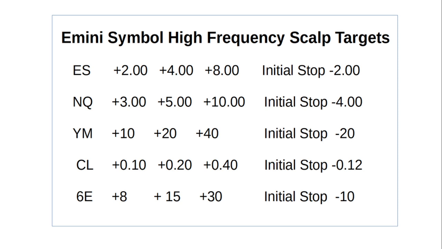The ES moves in 2-point moves, and then it moves in 4-point moves. And then if we're going to make another leg past that, we can go out to the 8-point level. Right.